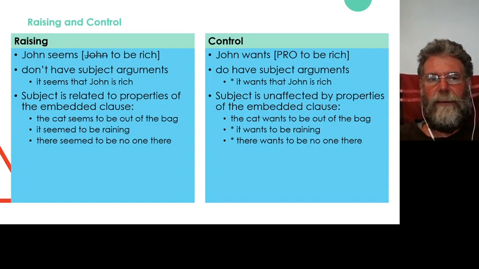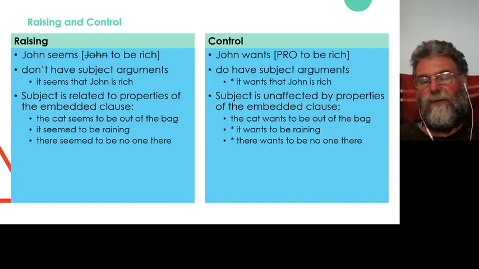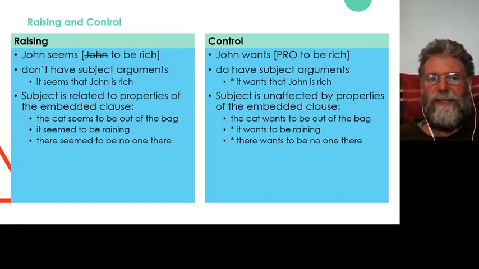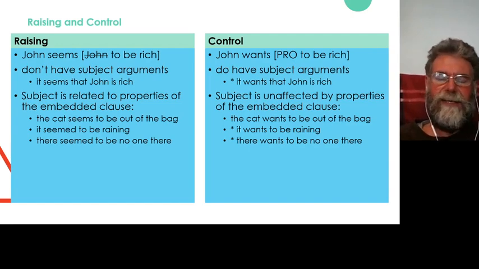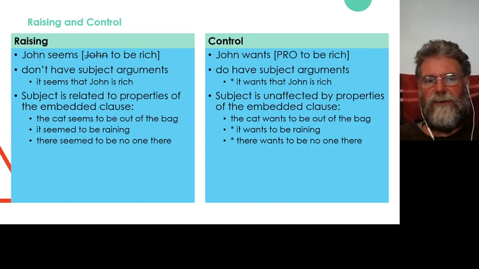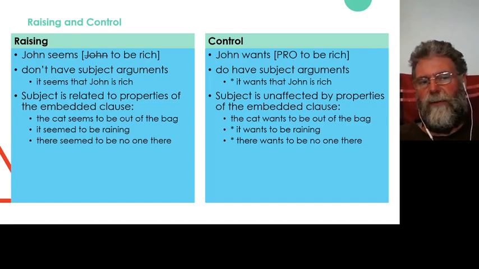Same thing is true with the it seemed to be raining case. That it, note, is actually not the meaningless it of seem. We know that because what we've got in this case is a non-finite clause complement, and seem only has its own it subject when it has a finite clause complement. Instead, what's going on here is that it is to do with the verb of the lower clause.